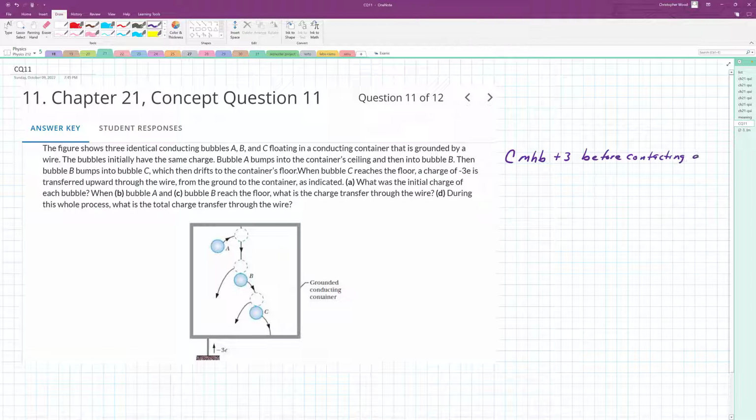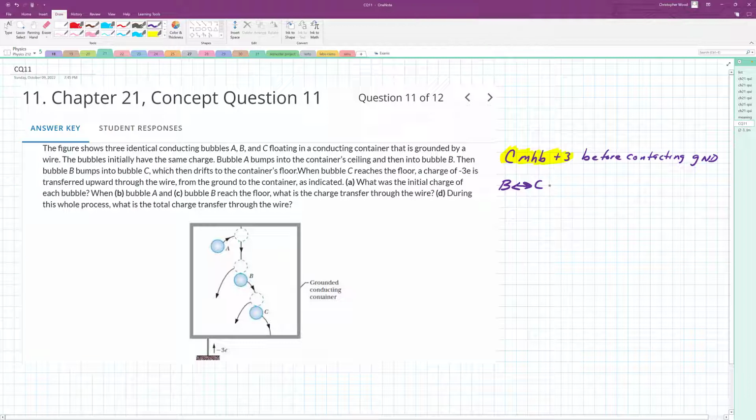And I'm saying that because bubble C drew negative 3 charges from the ground. So again, that's reinforcing my claim that bubble C must have had a charge of positive 3 before touching the ground container. Prior to that, bubble B and bubble C contacted each other.